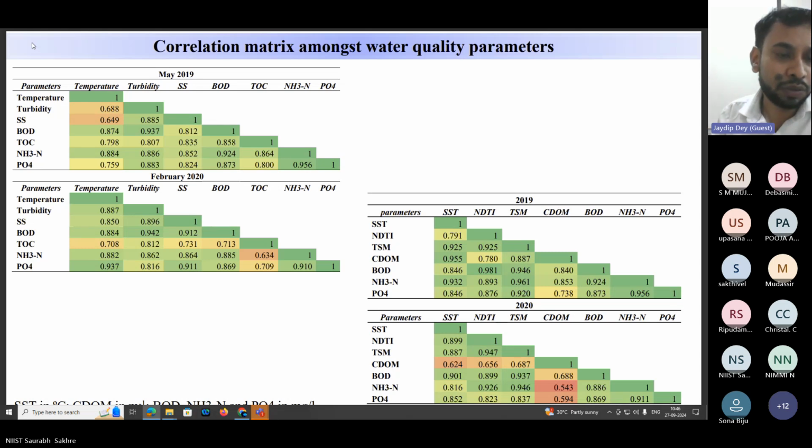When it is optical parameters, correlation is very high, but for non-optically active constituents or water quality parameters, it is somewhat correlated, but the correlation is a little less, but it can be useful in remote water quality study. I have done this correlation study for 2019-20 for high tide and low tide conditions as well.